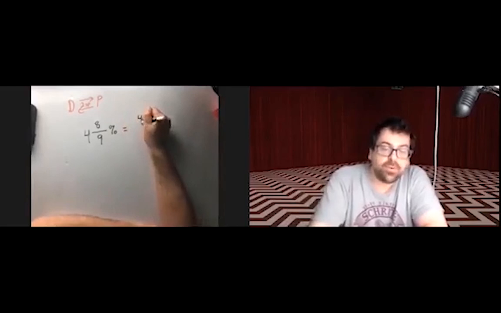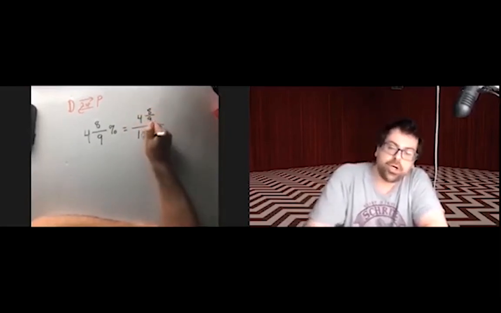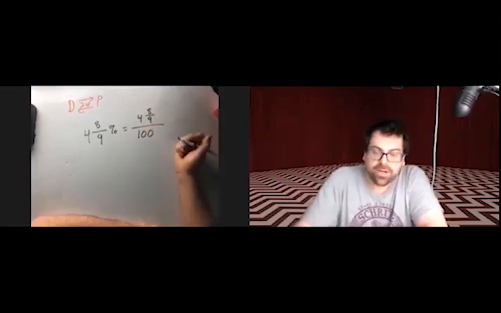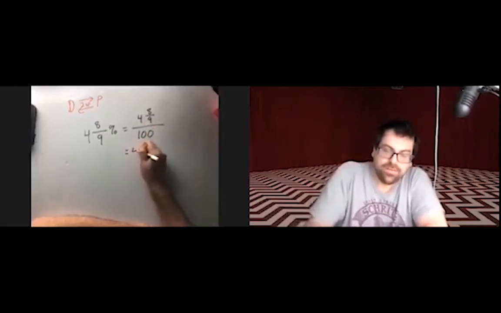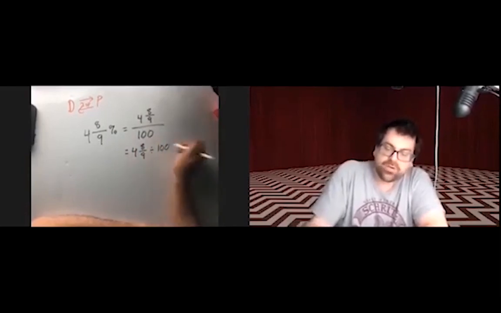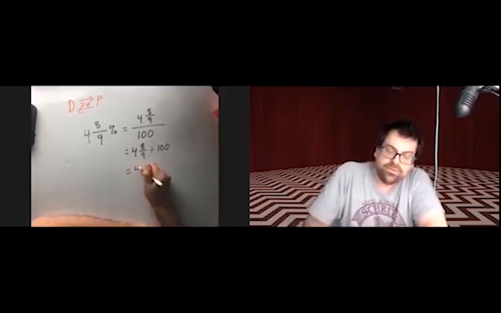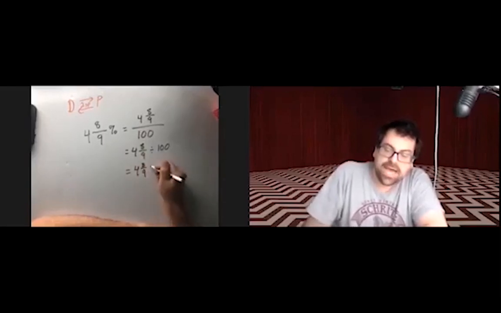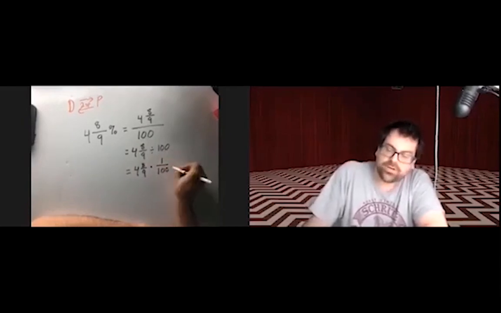So this is 4 8/9% divided by 100. 4 8/9 divided by 100 would be 4 8/9 times, flip the second, 1 over 100.